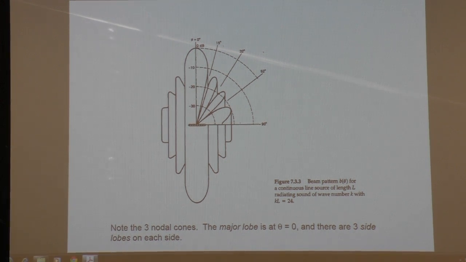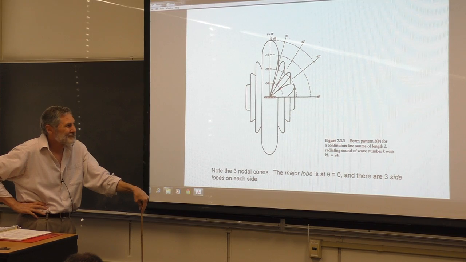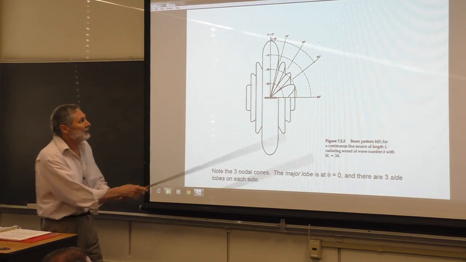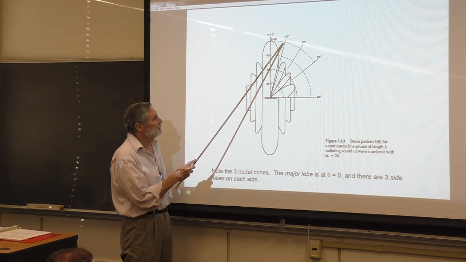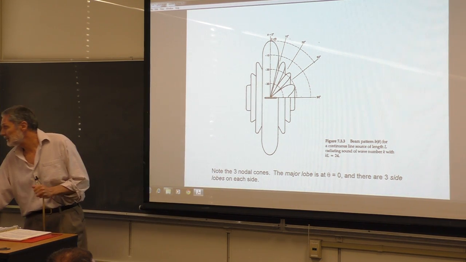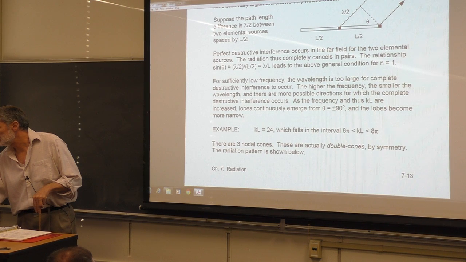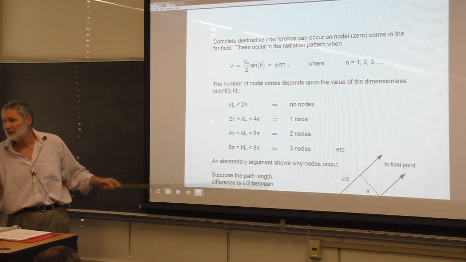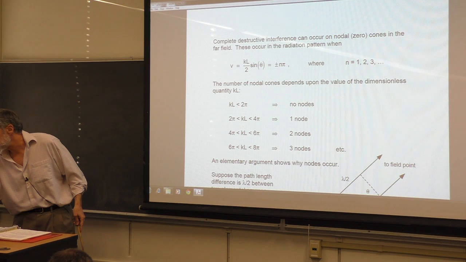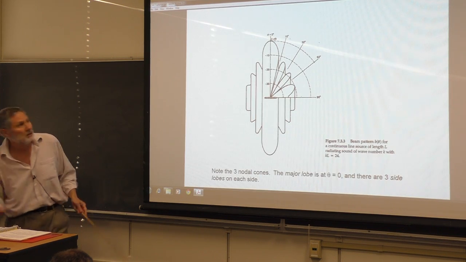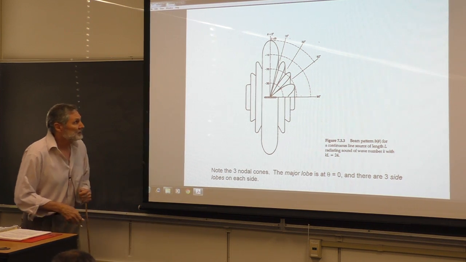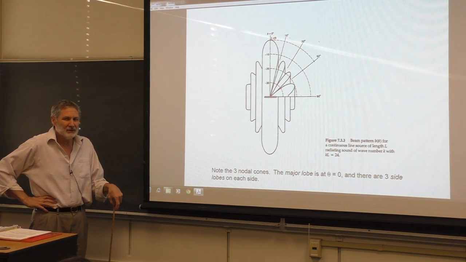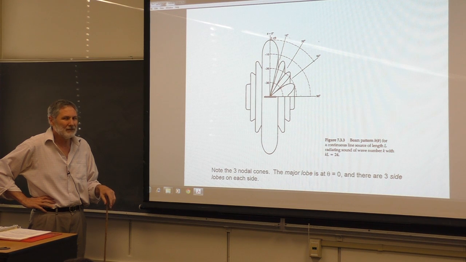So you can calculate, and we'll do an example of this, a homework example, and probably a quiz. You can calculate the angles here just from setting, this is the condition for a nodal cone. This is the nodal cone condition right here. And of course, by symmetry, they're on either side. And we can exactly find the angles of the nodal surfaces in the far field.